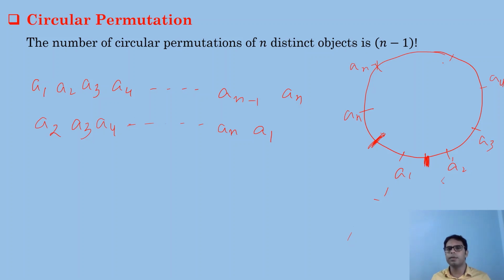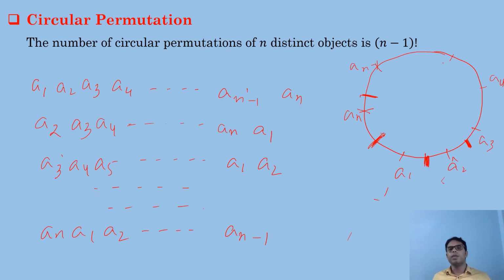Similarly, if you cut at the next point, it will begin with a3, a4, a5 and so on, and finish with a1, a2. In this way, finally if you cut here, it will begin with an, then a1, a2 and so on, and finish at a n minus 1.